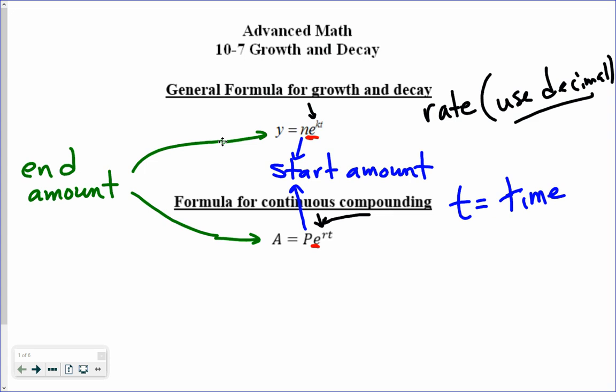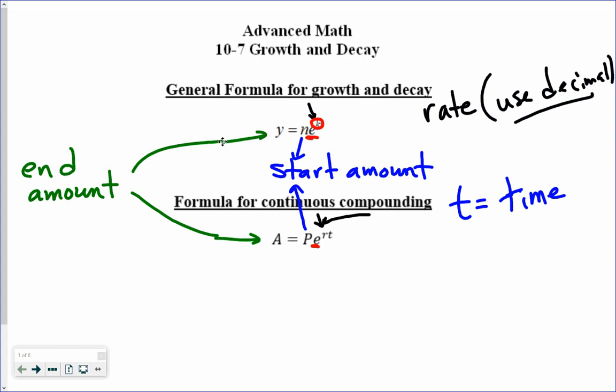If this K value right here is positive, do you think it's growth or decay? Growth. And if it's negative, it's decay. Very good. We really hope not to put a negative down for R. That means you're losing money. So we hope to avoid that at all costs. But this only works if it's compounded continuously at the bottom.